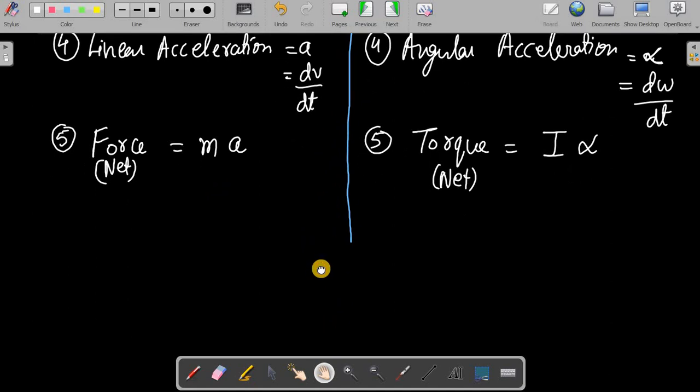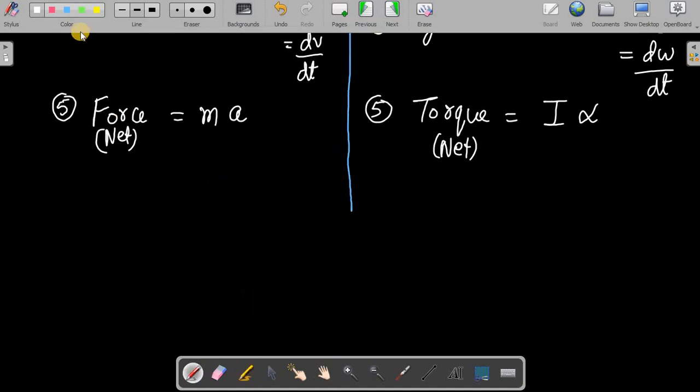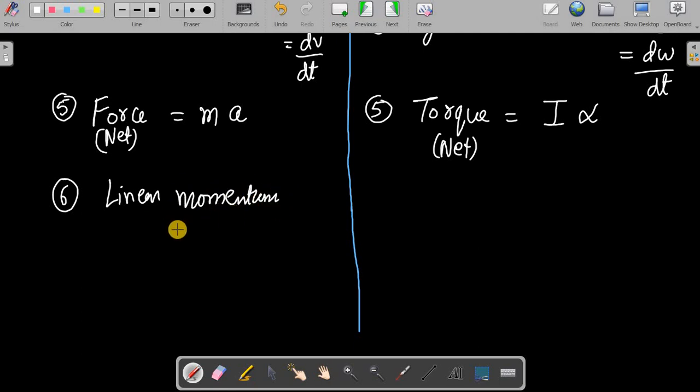Then next, let us see some more analogies. Let us say linear momentum. P is mass into velocity.